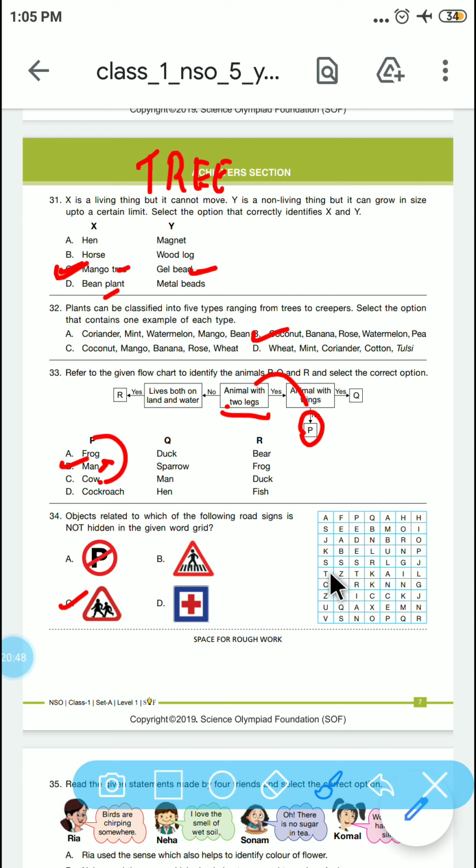You have to see where it is: object related to which of the following road signs is not hidden in the given word grid. So the school sign is not in the word grid. If we check it out, we can clearly say option C is not hidden. And you guys have to comment and write down where you find no parking, zebra crossing, and the hospital symbol in this chart.